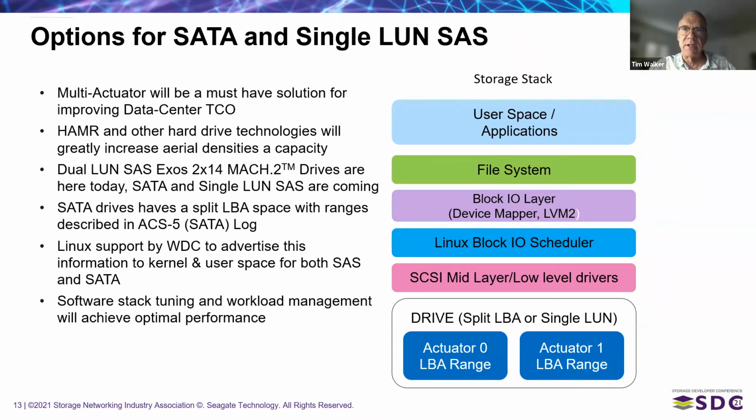You already saw the first dual actuator drive that Seagate released was a SAS device, and we had a logical unit permanently configured for each actuator. And they're totally independent. And under Linux, it shows up as two devices, even though it really is only one device underneath. And there are some ramifications from that, particularly on queue management. But with SAS, the queue is so deep that it really never became a real issue.